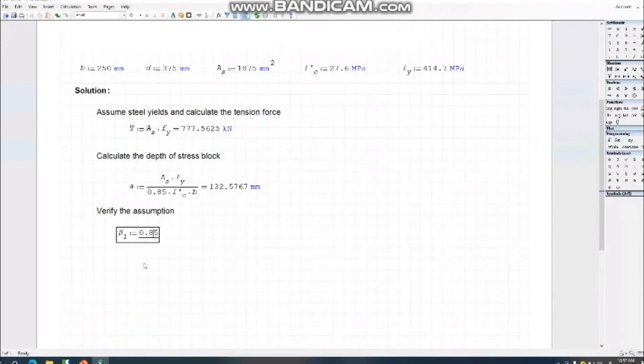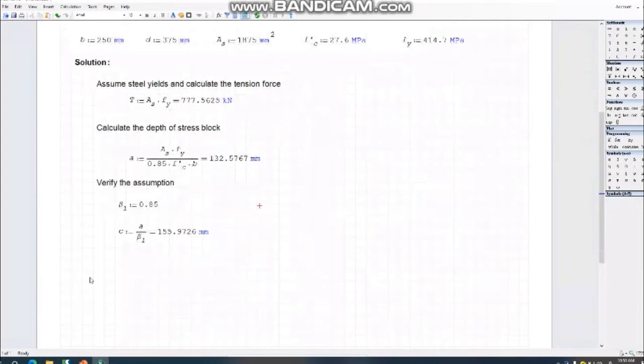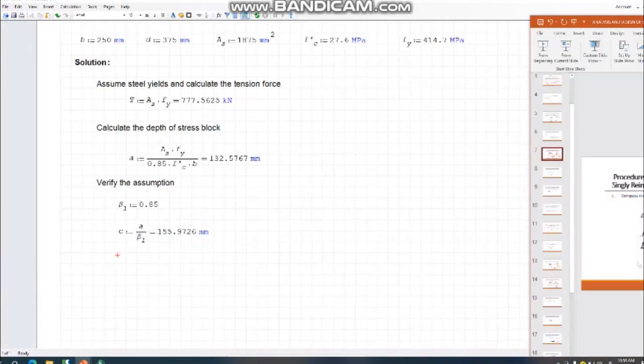Okay, so calculate small c: c equals a divided by beta 1. Then let's calculate our epsilon s.